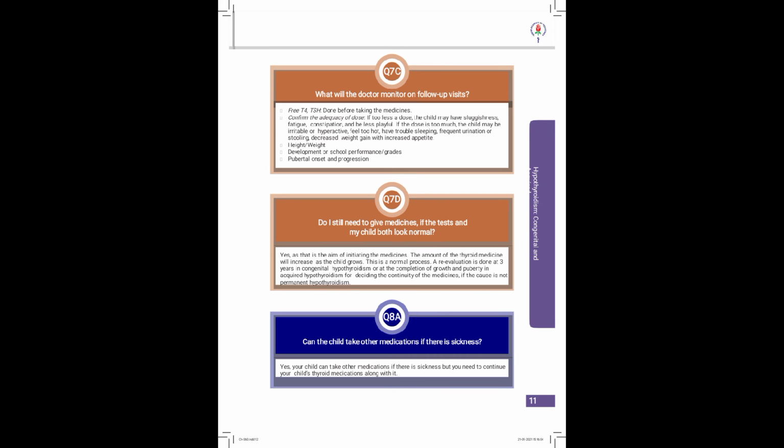A re-evaluation is done at 3 years in congenital hypothyroidism, or after completion of growth and puberty in case of acquired hypothyroidism, for deciding the continuity of medicine, because sometimes some transient causes of hypothyroidism can occur. So in order to rule out, we may perform this test at a particular time in order to decide if we need to continue the medications or not.